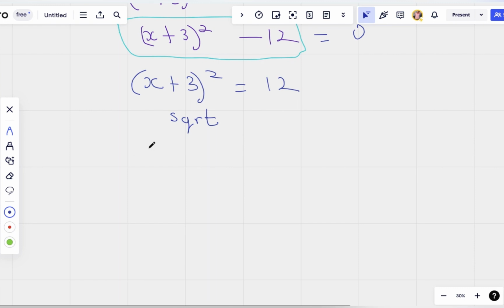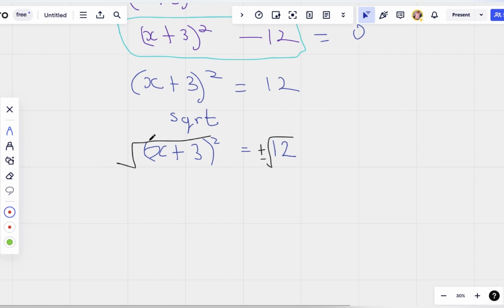So we have x plus 3 in one bracket, squared, equal to 12. I take the square root of both sides, and when you take this square root, you should put plus minus here.